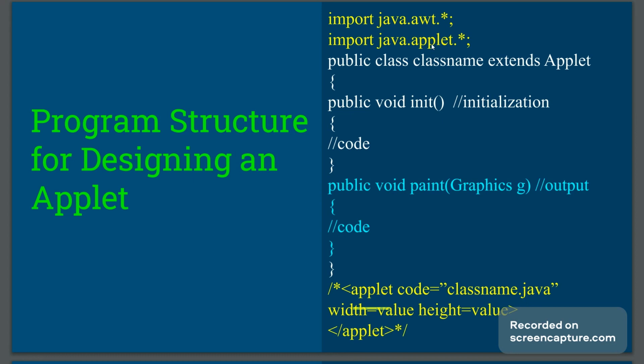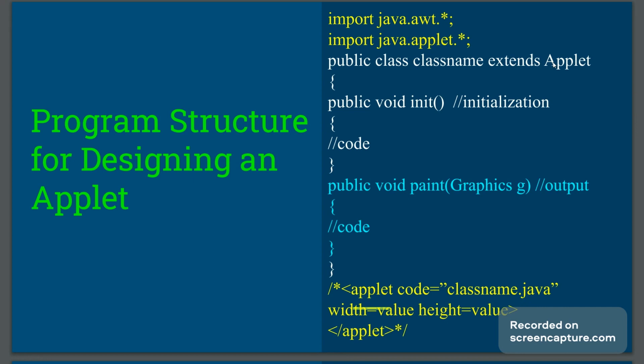We have to write a class with the public access specifier because, as I said, applets are designed for internet programming, so it should be accessible. So give public class name, and we have to write extends Applet. Here this Applet is a class where A is capital.